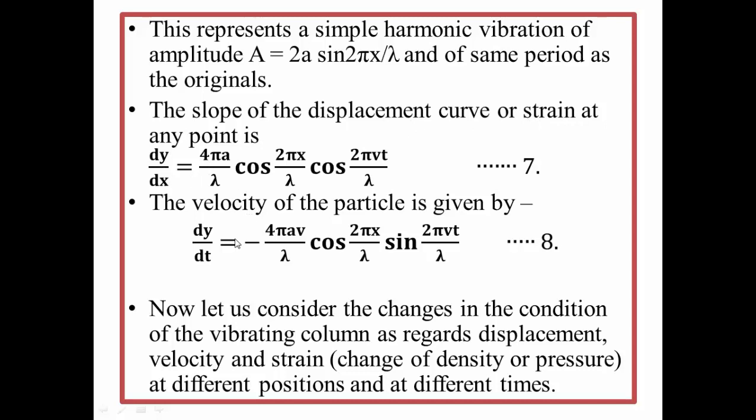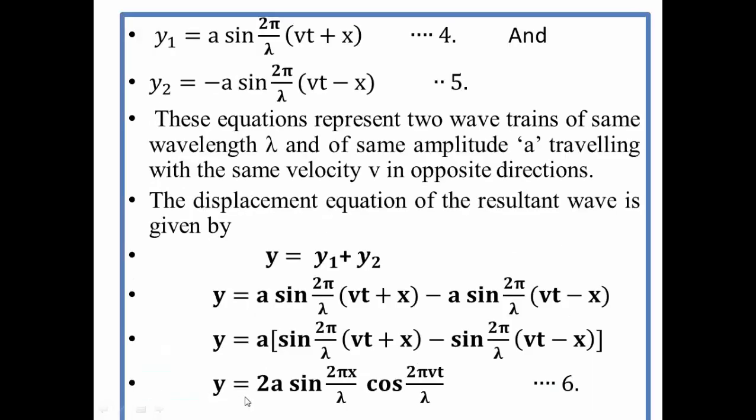That is, you directly find the differentiation of this equation, dy by dx. What do we get? This 2A is a constant, and the differentiation of sine is cos, so cos (twice pi x by lambda) into twice pi upon lambda.